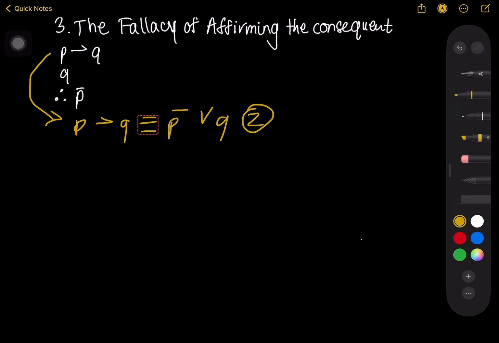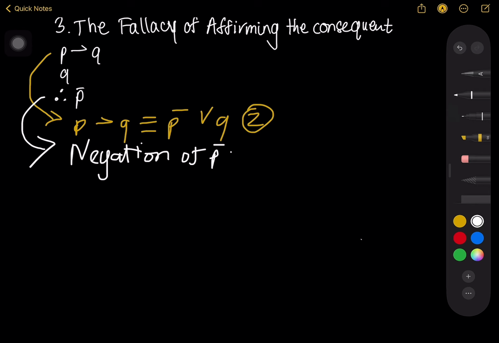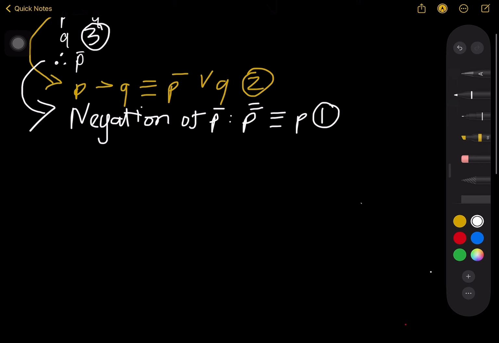Okay, this is our second line, because the first line of the tree is the negation of the original argument. So the negation of not P is double negation of P, which is logically equivalent to P. This is our first line, which means the second premise, Q, is going to be our third line of the tree.